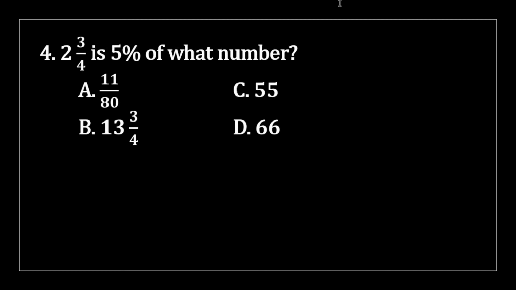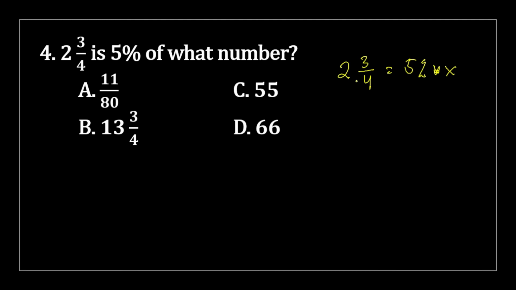Number 4. 2 and 3/4 is 5% of what? So if we're going to write the question properly, 2 and 3/4 is equal to 5% of an unknown number.